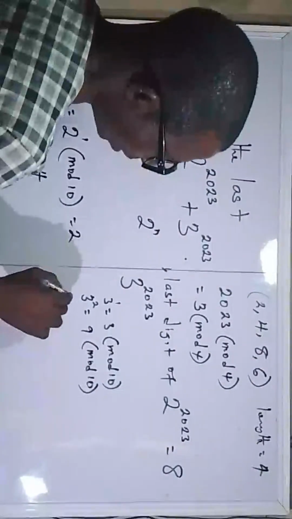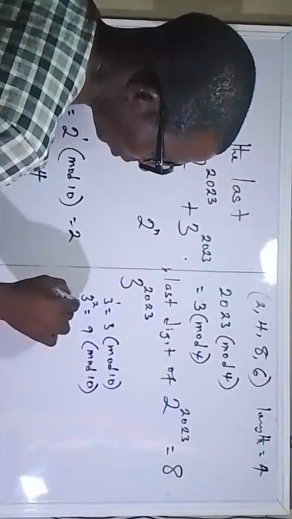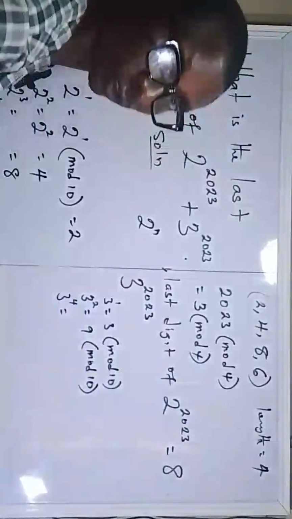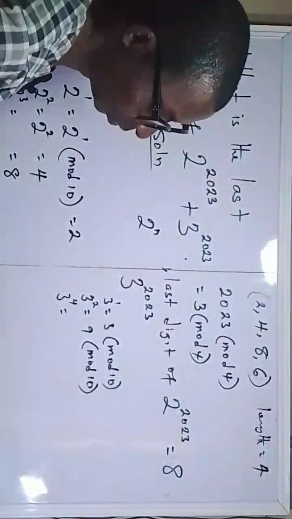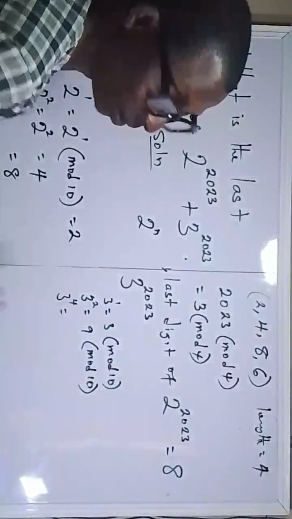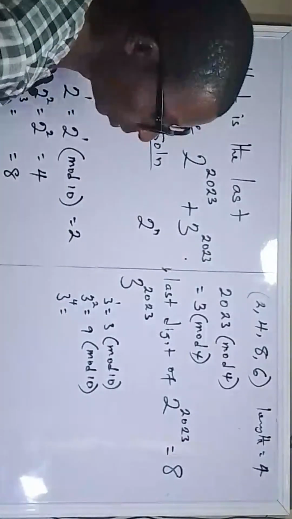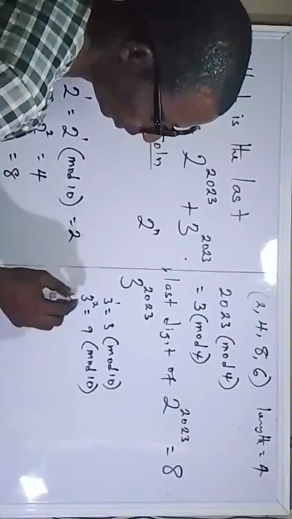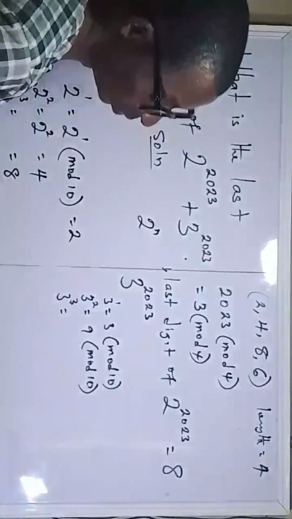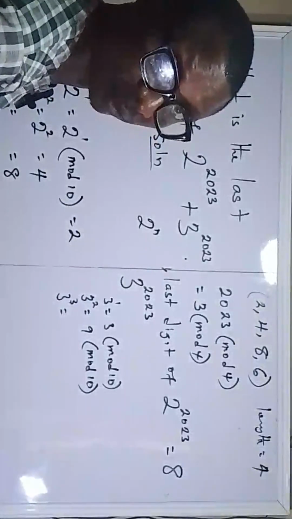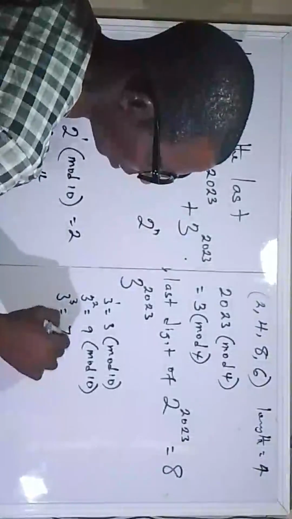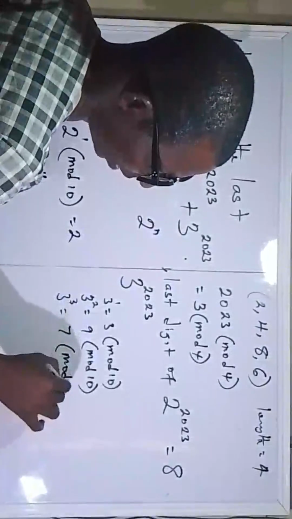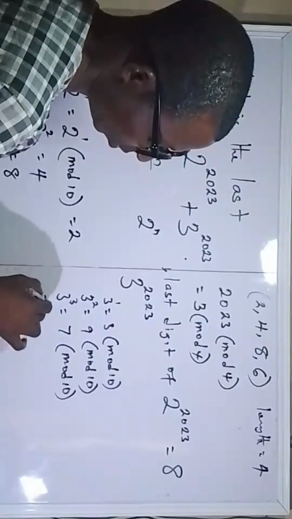Okay, so the next one, 3 raised to the power of 3, is 27. So that means we have 7 in mod 10. The next one is 3 raised to the power of 4.